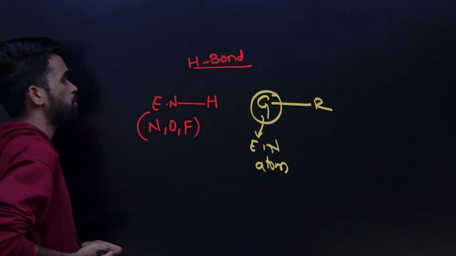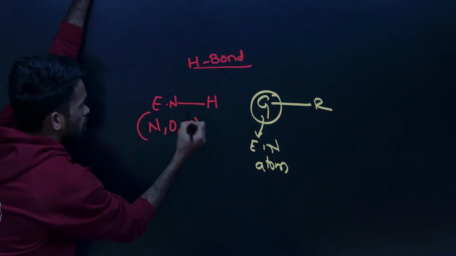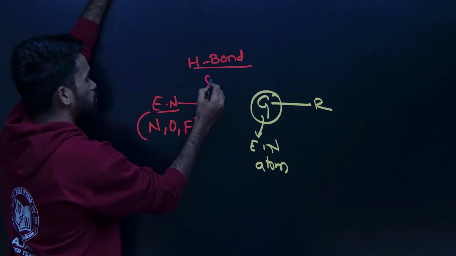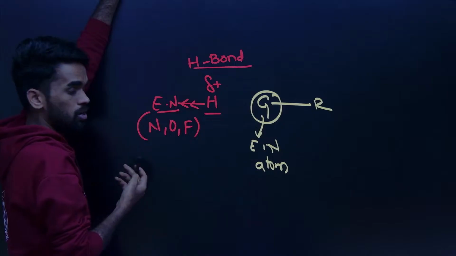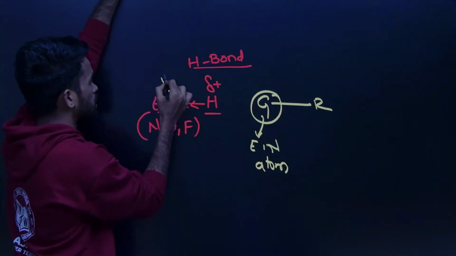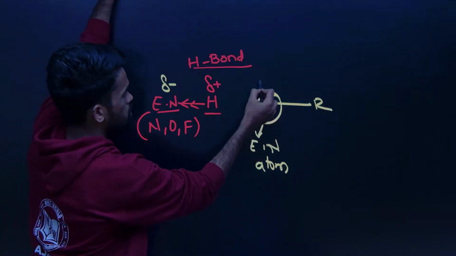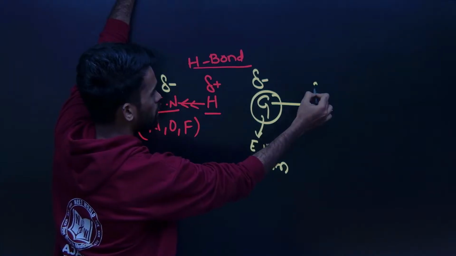Now what happens, due to the electronegativity difference between the electronegative atom like nitrogen and this hydrogen, a dipole is generated here, partial positive charge on hydrogen, because the electronegative atom drags the electrons more, creating partial negative and partial positive charges. Same story here also, the electronegative atom is negative and this other group will be positive.